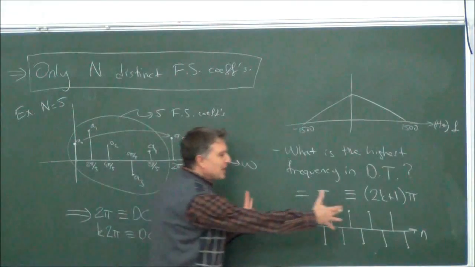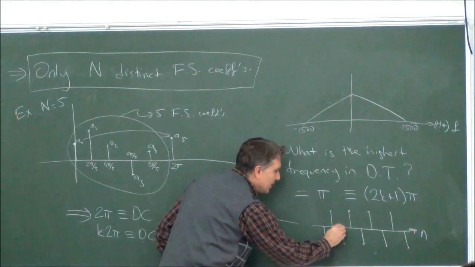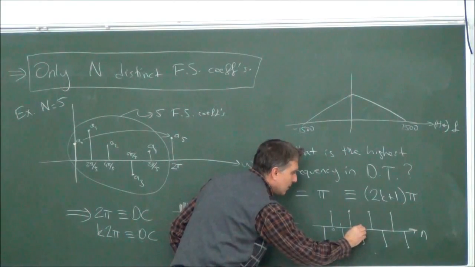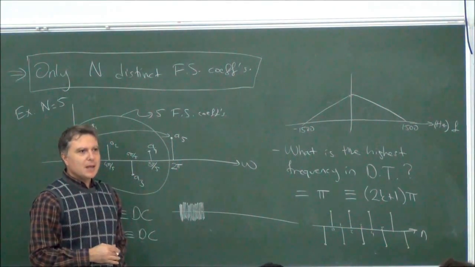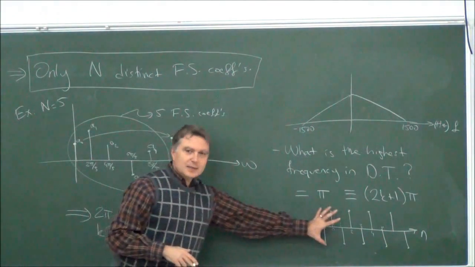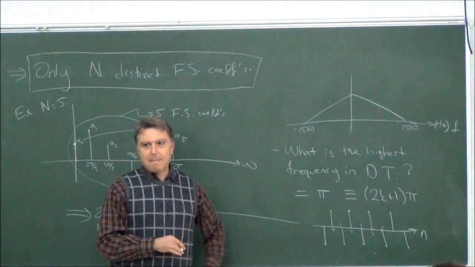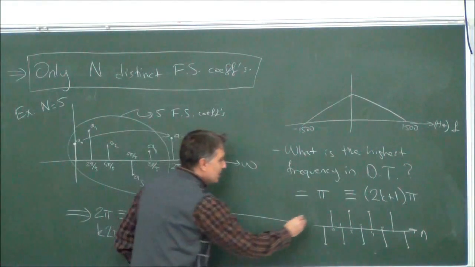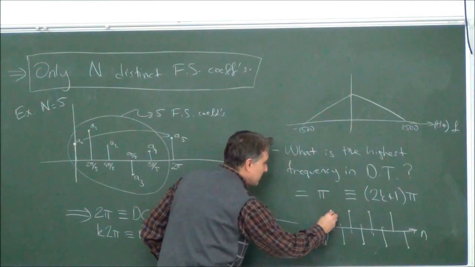They can never become closer to each other. They must be separated by 1 integer index. So this is the highest frequency signal, and the frequency of this highest frequency is pi. Let's call it a sinusoid with frequency pi.